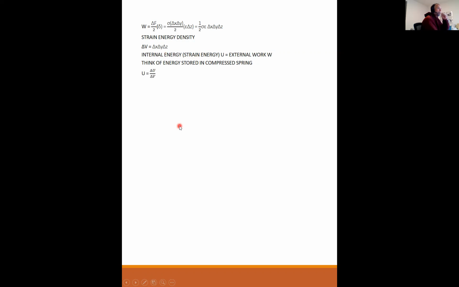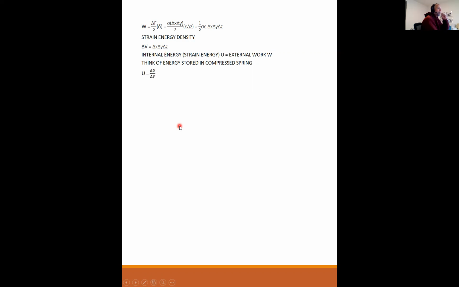This is my strain energy density. It's called strain energy density because this is really energy per unit volume, and it's a lot easier to work with this way as a per unit volume.